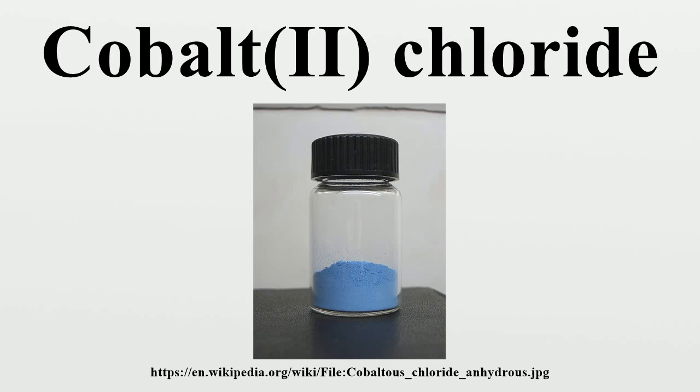With pyridine, one obtains the octahedral complex CoCl2(C5H5N)4: CoCl2·6H2O plus 4 C5H5N gives CoCl2(C5H5N)4 plus 6 H2O. With the bulky ligand triphenylphosphine, tetrahedral complexes result: CoCl2·6H2O plus 2 PPh3 gives CoCl2(PPh3)2 plus 6 H2O.